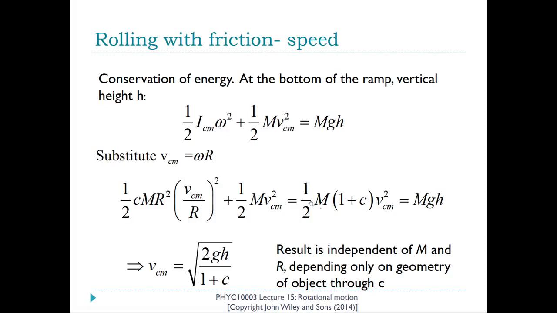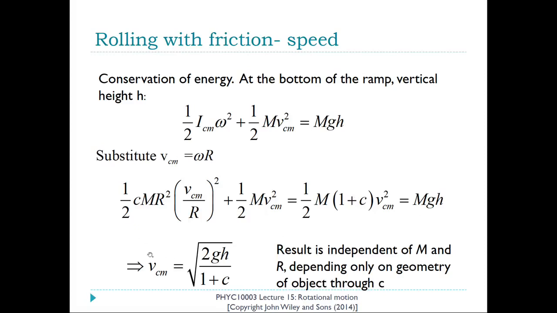So here we have this second half of the equation. Our combined kinetic energy is equal to our potential energy. And now all we need to do here is solve for the speed of our center of mass. So we see the masses cancel out. The 2 moves up here. So it's 2gh divided by 1 plus c, and then we take the root of that.